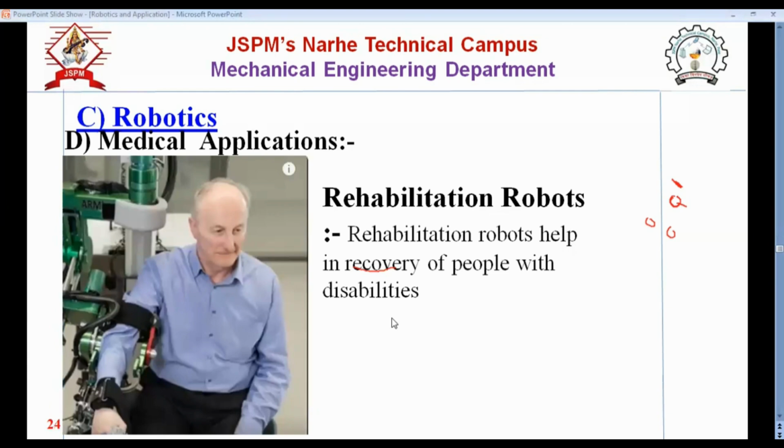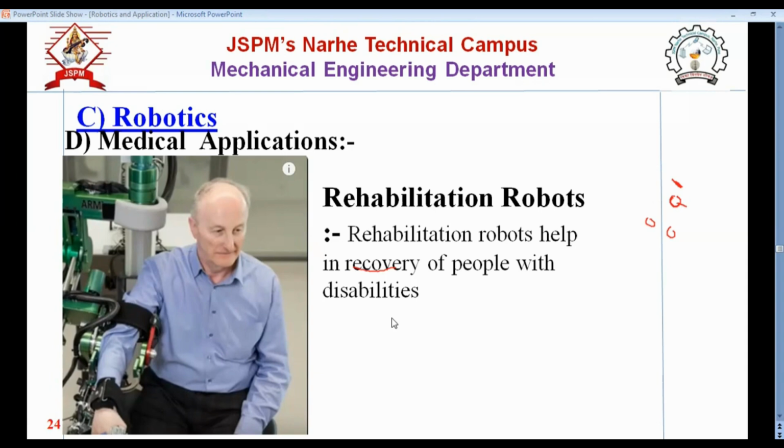Then comes a very advanced field, we can say rehabilitation robots. Please understand, robots are also helping injured people to walk, to assist them in performing some movements that are suggested by the physiotherapist.